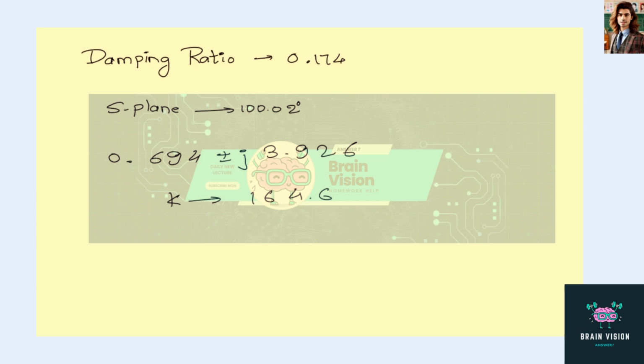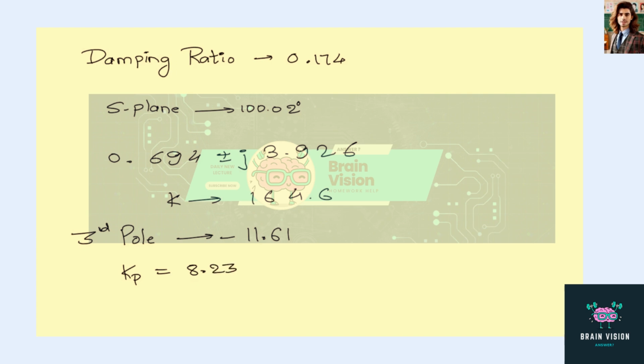So we can say that at K of 164.6, we find the third pole is approximately at -11.61. The Kp is equal to 8.23.